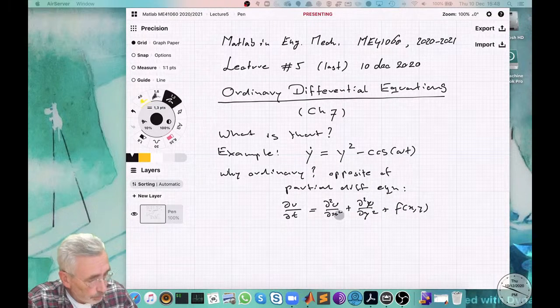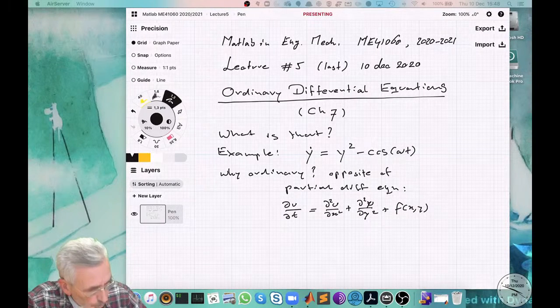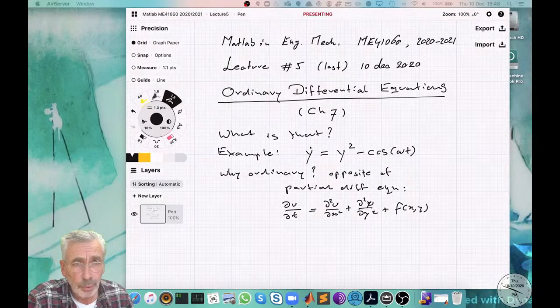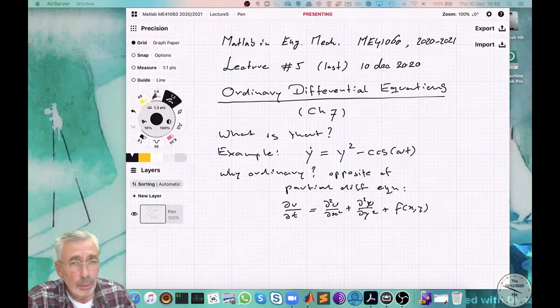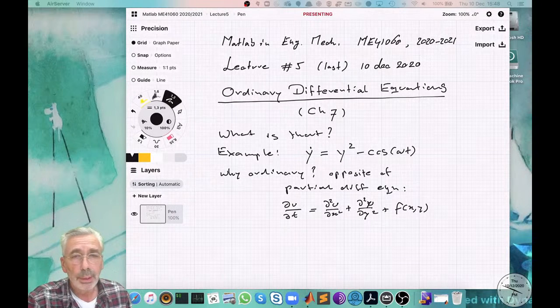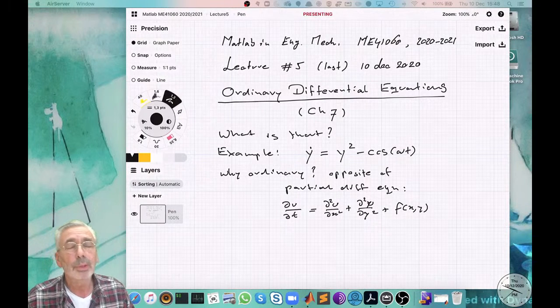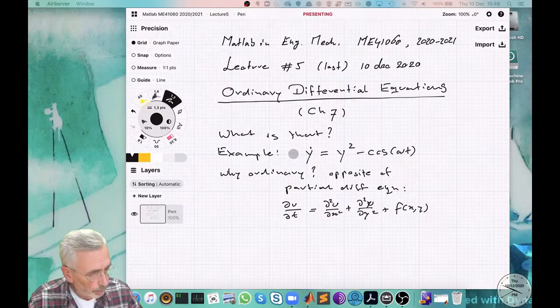If you then discretize this in space, then again you come to an ordinary differential equation where you only have one variable, time. Of course, you can also do it the other way around. You can discretize with respect to time and then just solve for place. Those are two strategies. But that's not what I'm going to talk about today. So I really talk about this ordinary differential equation.